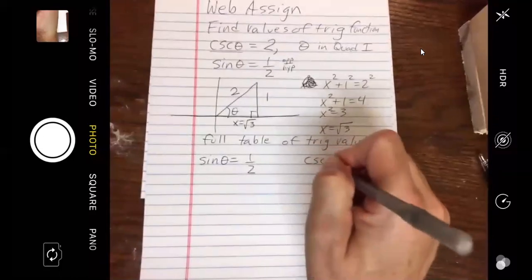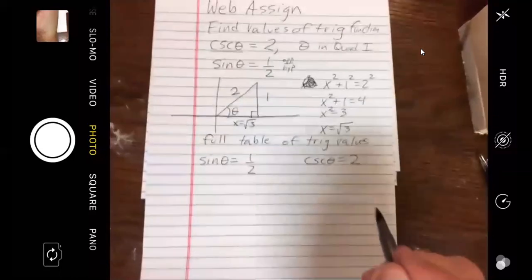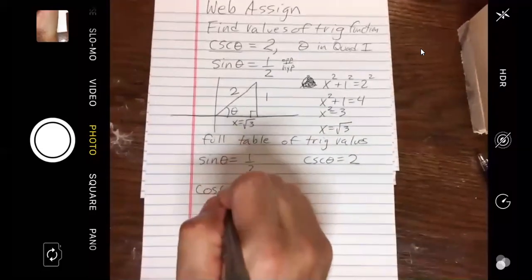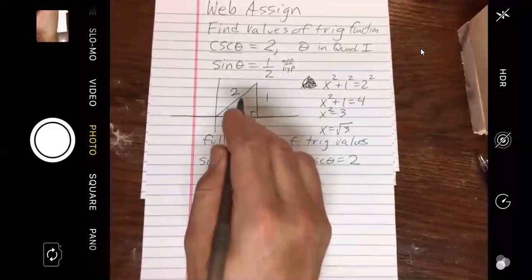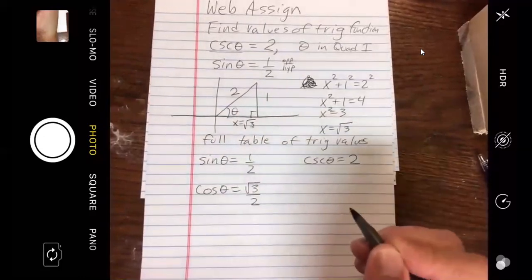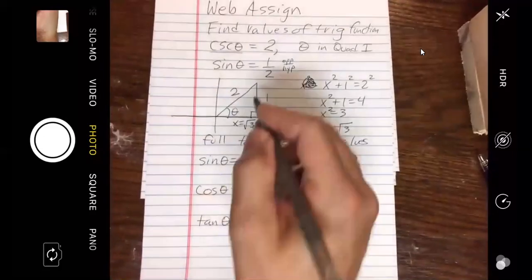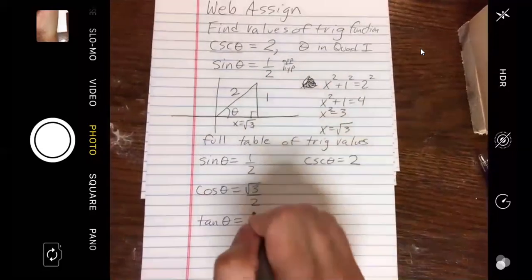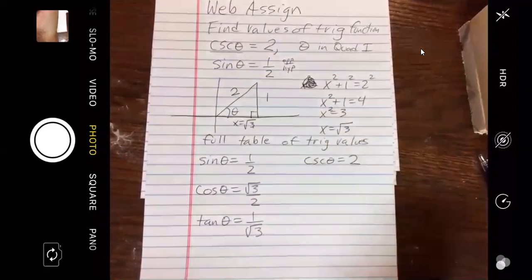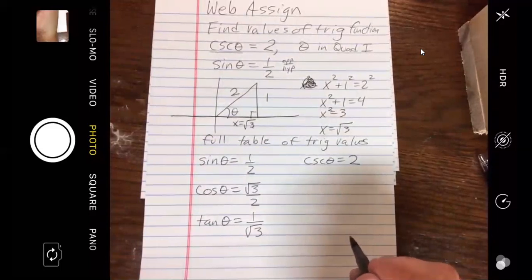Cosine is adjacent over hypotenuse, so that's square root of 3 over 2. Tangent theta, opposite over adjacent, 1 over square root of 3. Any questions about that? No, not yet.